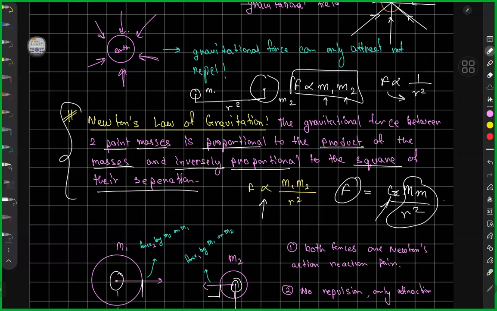This is called inversely proportional. So if R increases, F will decrease in square proportions of R. Essentially, these two proportionalities are given to us.